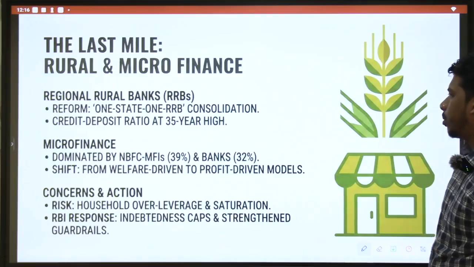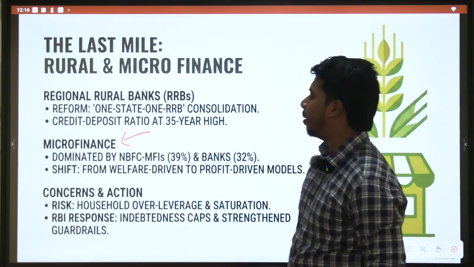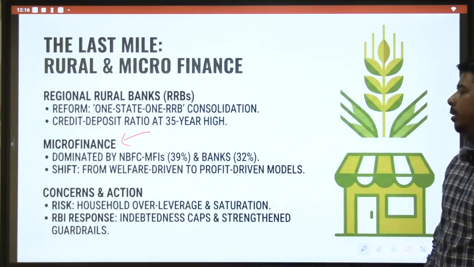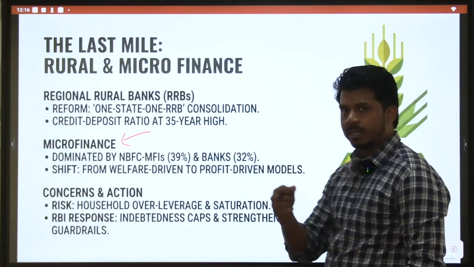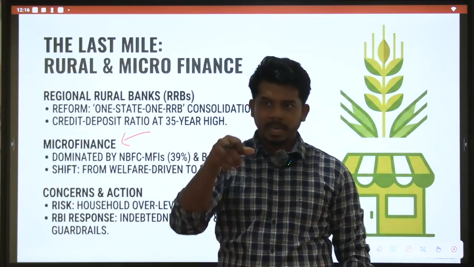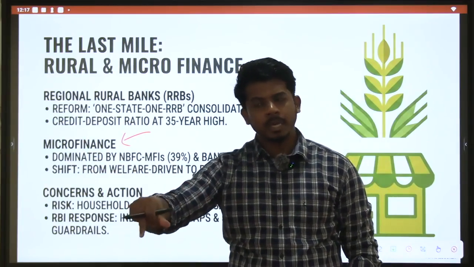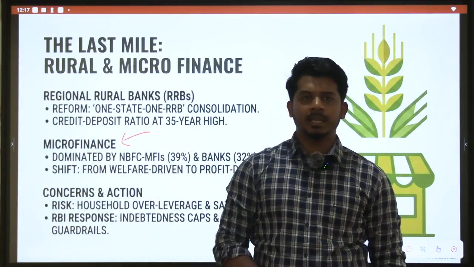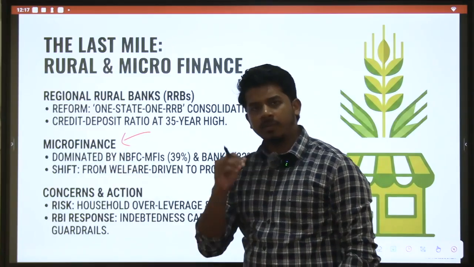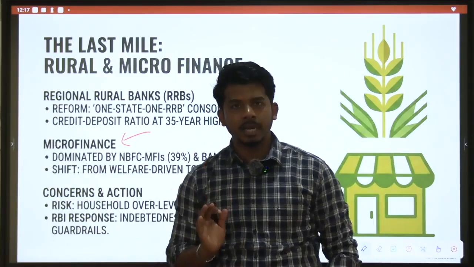Okay, now see microfinance. What is the problem with microfinance? Microfinance means small finances. Government has formed something called small finance banks also. Again, microfinance focuses on common people, self-help groups, normal street vendors, etc. This is microfinance: giving small amounts, 10,000, 5,000, to ordinary people.